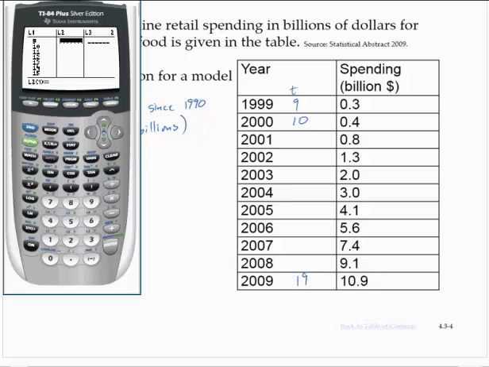Alright, and 0.3, 0.4, 0.8, 1.3, 2, 3, 4.1, 5.6, 7.4, 9.1, 10.9.